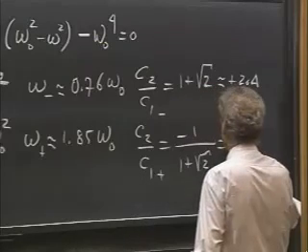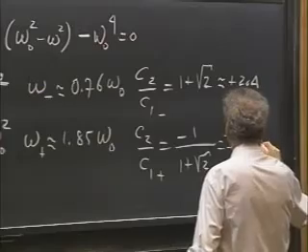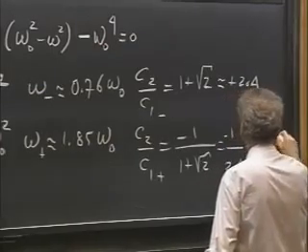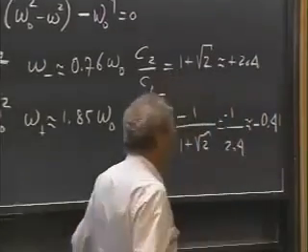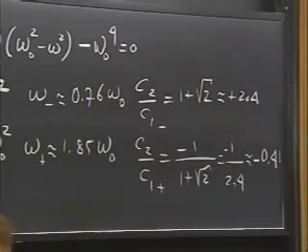So it's going to be minus 1 divided by 2.4. So it's going to be roughly minus 0.41. So those are the formal solutions for the normal modes.